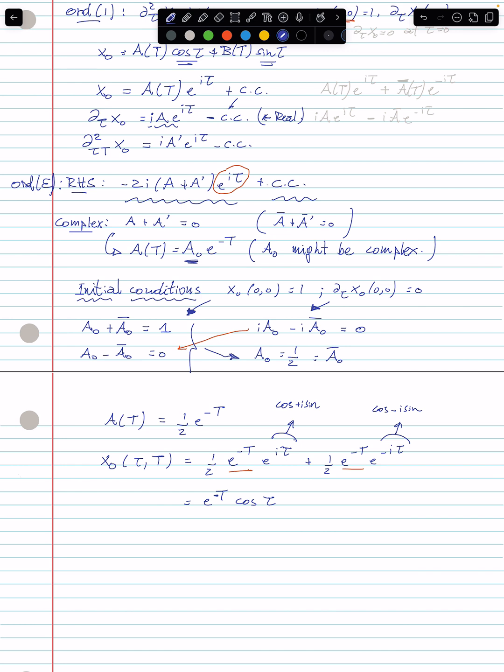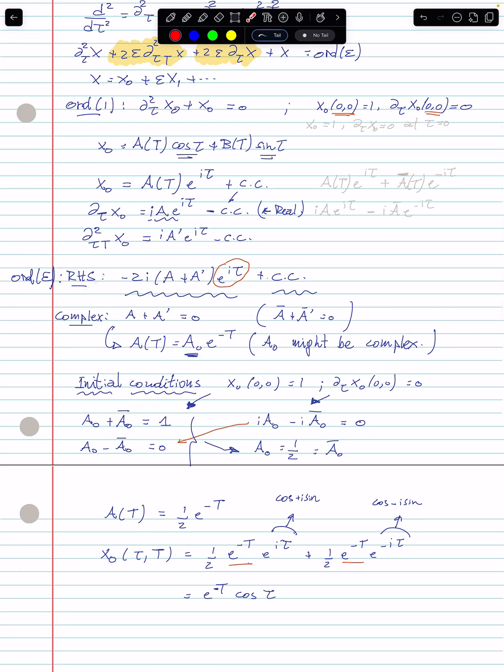It's probably easier to deal with this approach as soon as we have things that are a little bit more elaborate on the right-hand side, and as soon as we have powers of x0 on the right-hand side, it's going to be easier to compute a power of exponential I tau rather than cos to the third.